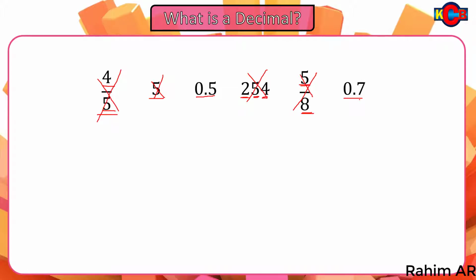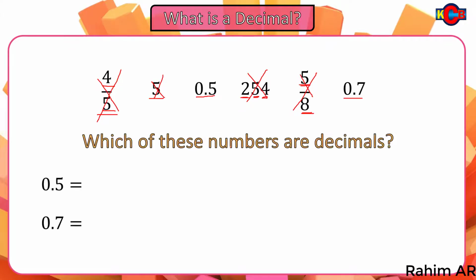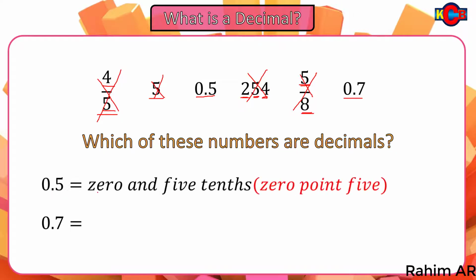How to pronounce these numbers? First, this is 0 and 5/10. Again, 0 and 5/10.